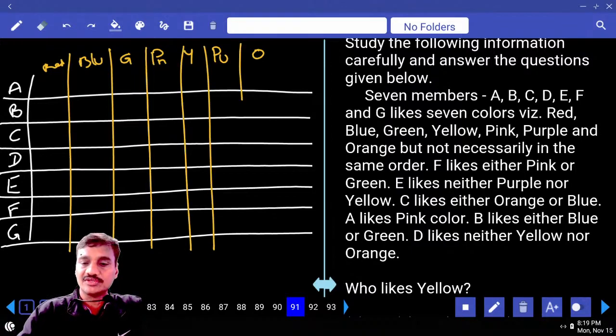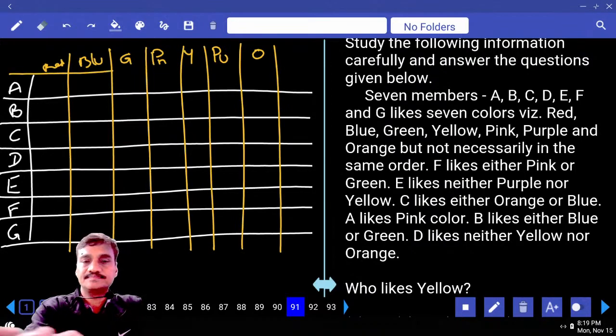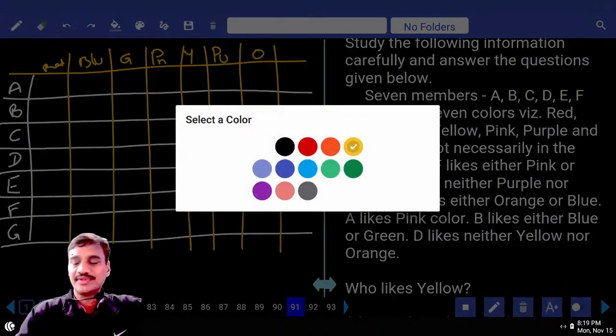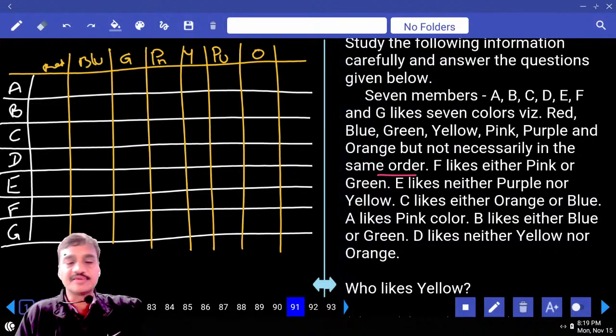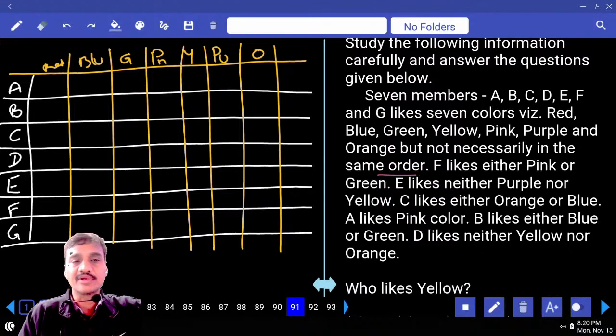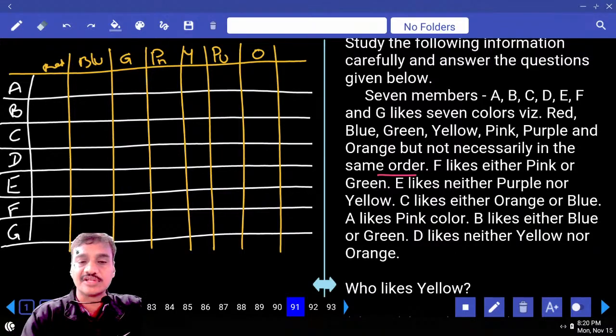Then coming to condition number 1. What is condition number 1 here? F likes either pink or green. What colors does F like? Either pink or green. Apart from pink and green, he does not like any other color.